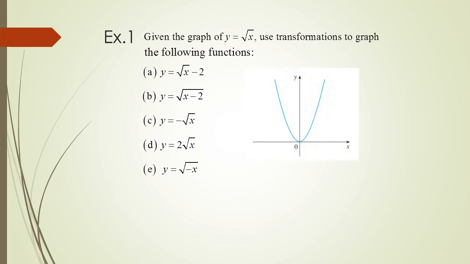Now this is the graph of y equals x squared. To get x equals y squared, you just rotate the parabola by 90 degrees and only take the positive part of y, which looks like this one. This is the graph for y equals root x.